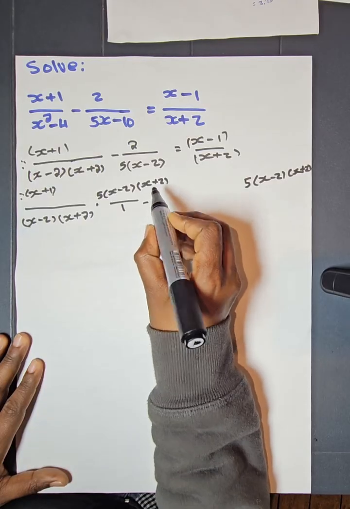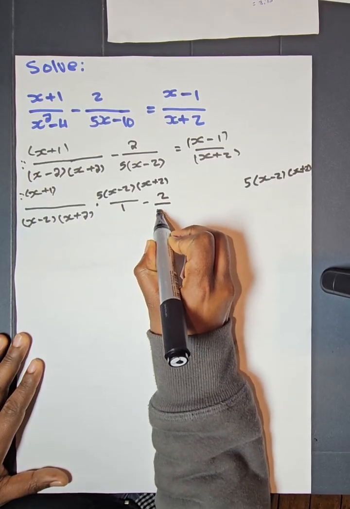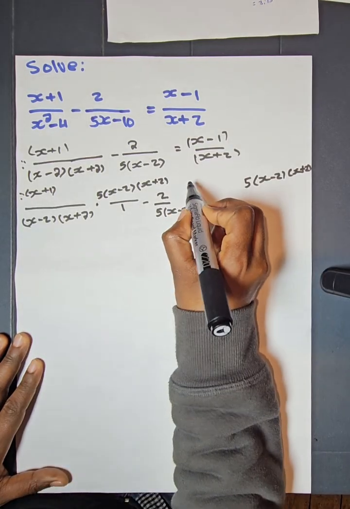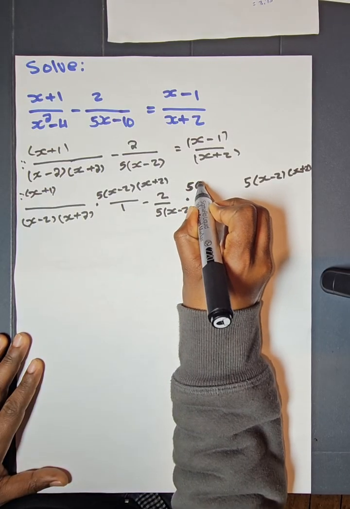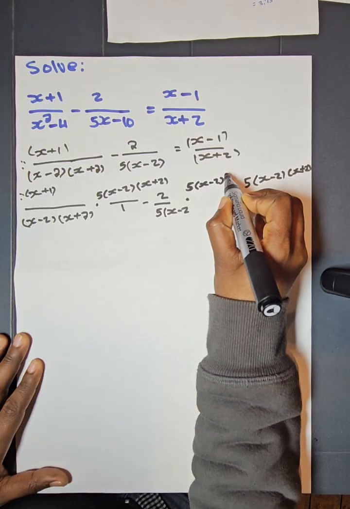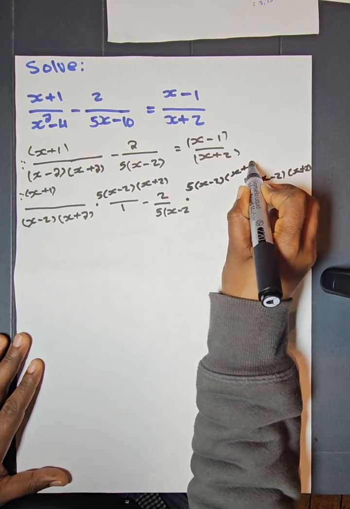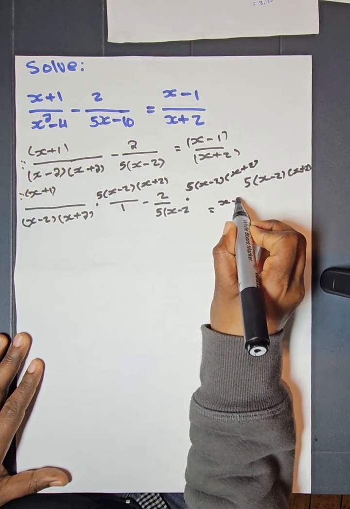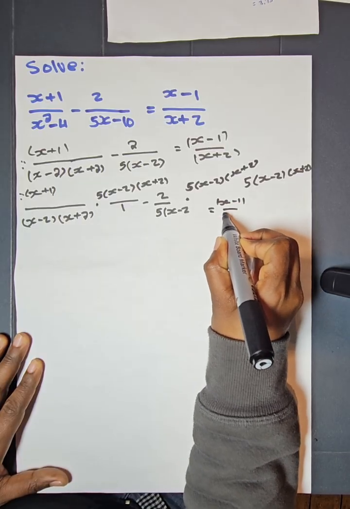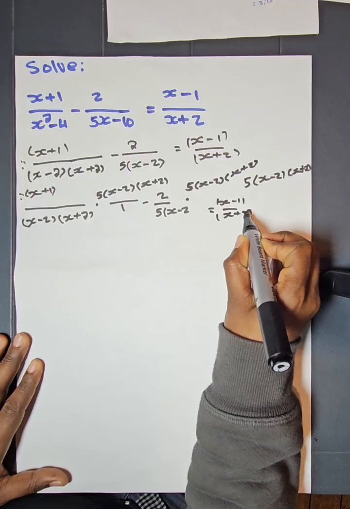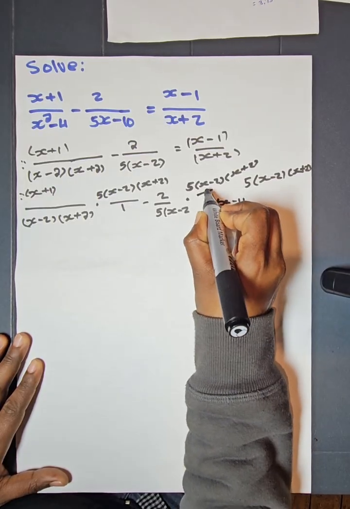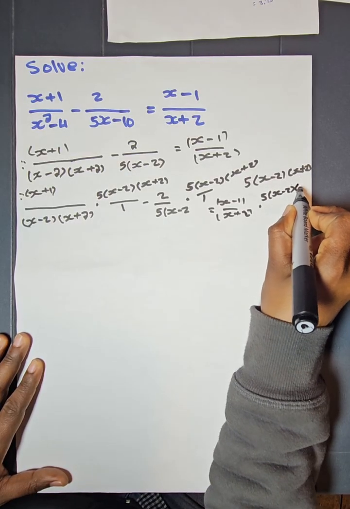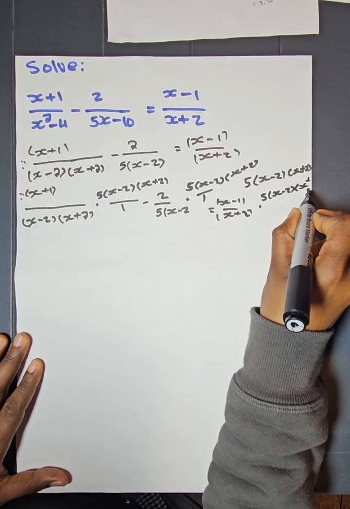Minus 2 over 5(x − 2), times the LCM, which is 5(x − 2)(x + 2), equals (x − 1) over (x + 2), times the LCM, 5(x − 2)(x + 2) over 1.